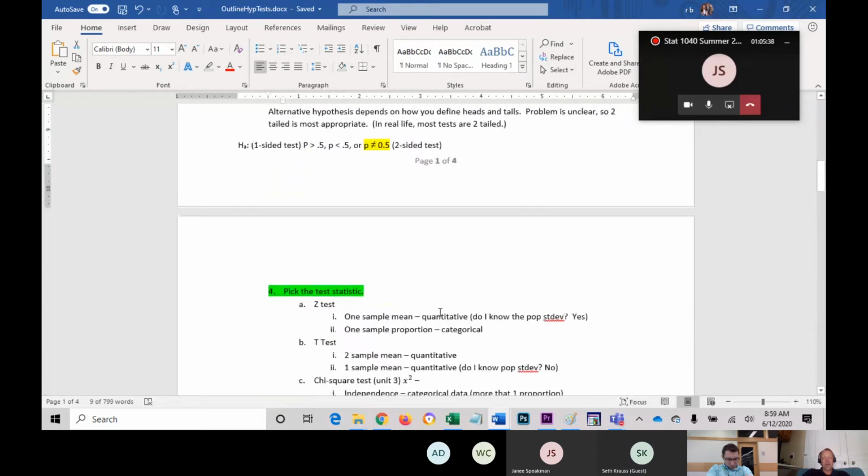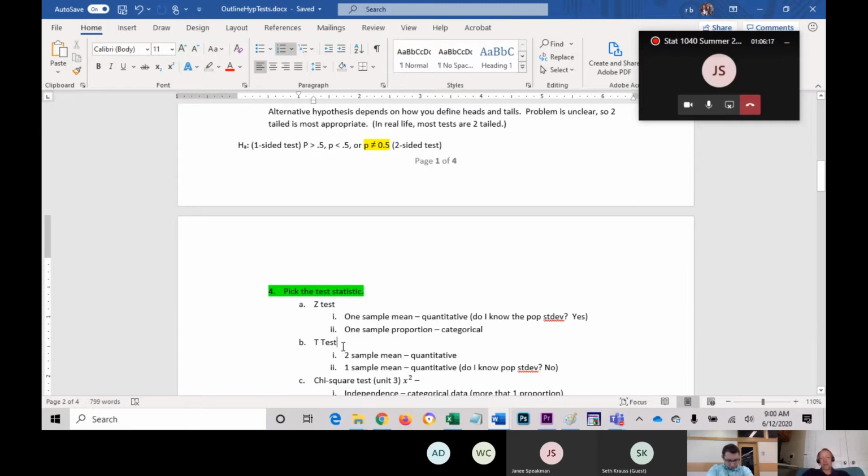If it's quantitative, you're measuring a mean, and yes, I know the population standard deviation, then it's going to be a z-test. If it's categorical and you're measuring just one sample proportion, it will also be a z-test. Now these 2 are different equations, but in both cases they'll be a z-test.